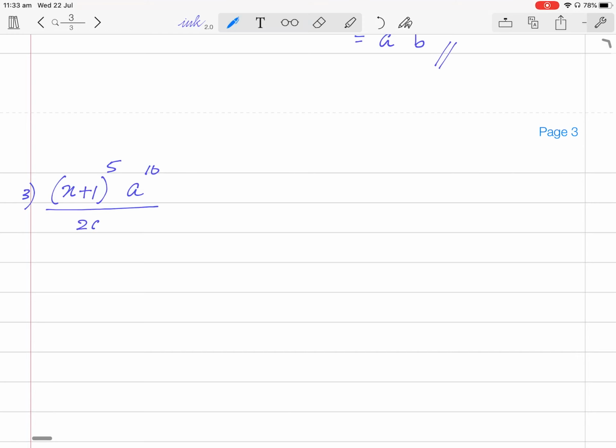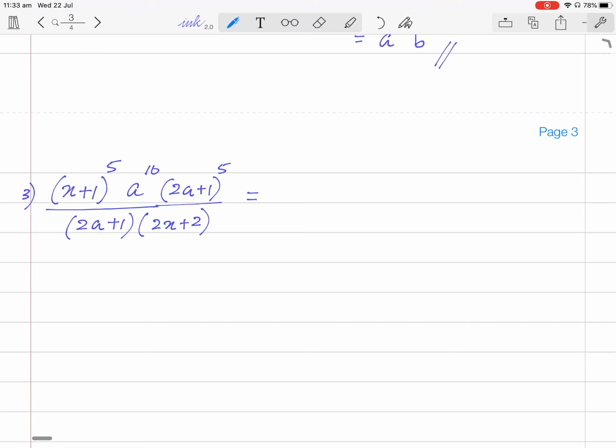Here you have 2a plus 1 and 2x plus 2 to the power 1, and here I get 2a plus 1 to the power 5, something like this. Now again, we do the same thing. Actually, let me erase this and modify. This should be 2 over here.